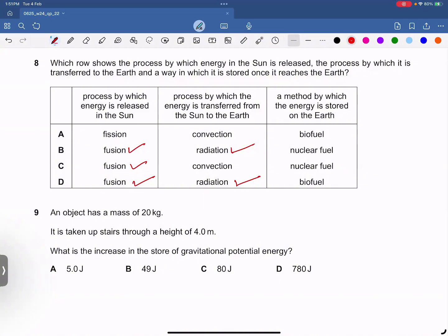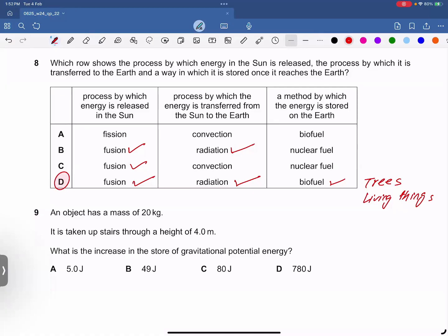On the surface of Earth, it is stored as biofuel. Why biofuel? The living things, like trees, absorb the energy, and energy in living things is called biofuel. Mainly these are the trees, so the option is D, my dear students.